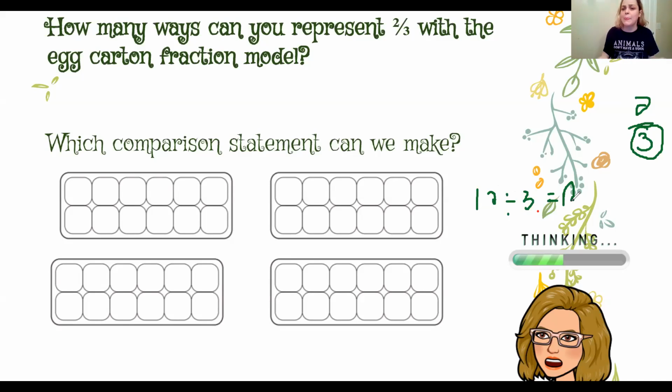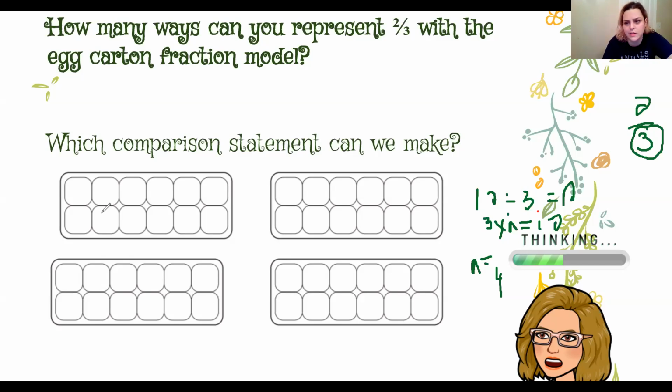Remember, we talked about how those are interconnected, and I could say, well, 3 times n equals 12. 3 groups of n equals 12. 3 groups of 4. So n equals 4. So now I know that I have to partition or draw out and make sure I have 4 parts in this egg carton.